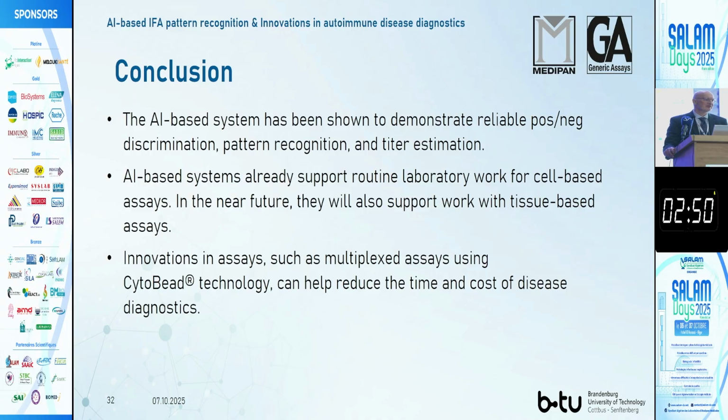Such new methods can be used in order to assist you in decision making. And well, these methods are well suited to provide you with a more efficient workflow in a routine environment. So from that point of view, we should be ready for the new era in autoimmune testing.